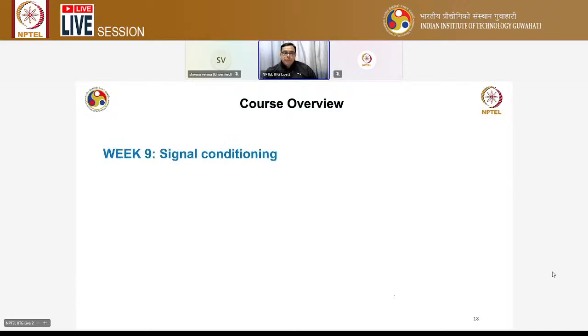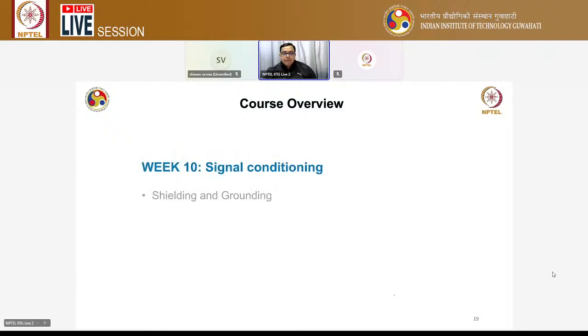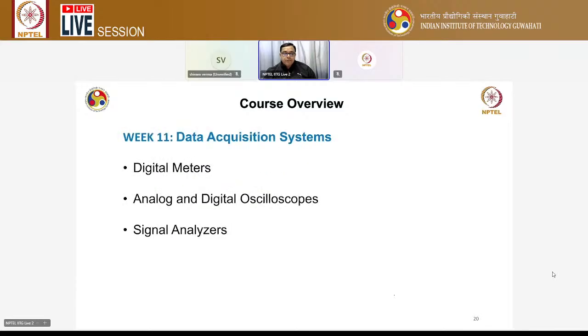Week 9 is devoted to signal conditioning, and there we'll mostly learn about instrumentation amplifiers, different filters, including different active and passive filters, linearization, okay, and maybe some part we may also learn about power supplies for these transducers. Then week 10 will be devoted to shielding and grounding and ADC and DAC for the transducers.